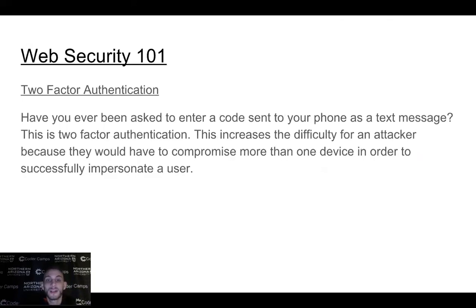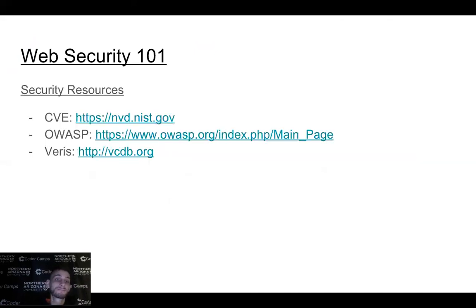So instead, a lot of these banks and more sensitive software enforce two-factor authentication, which makes it a lot harder for the person who found a lost device to gain access to the accounts. They have to have more than one of their physical devices in their possession, which is really unlikely. Depending on the kind of software you're building, you might want to enable two-factor auth.